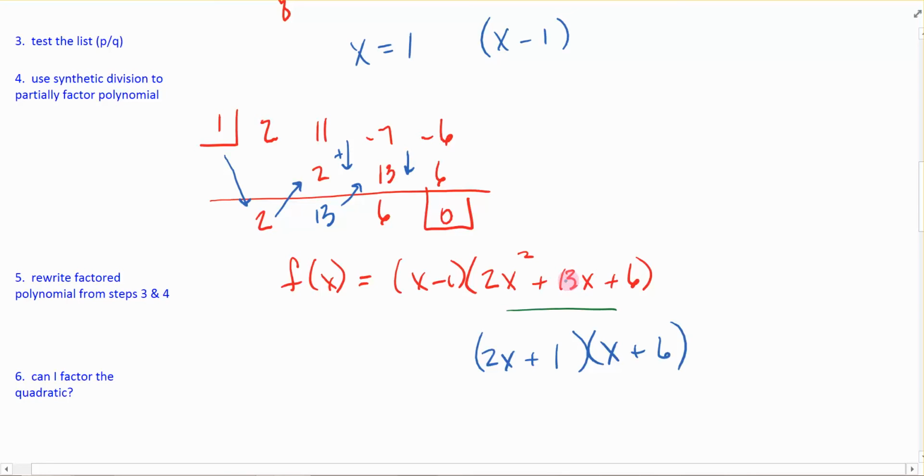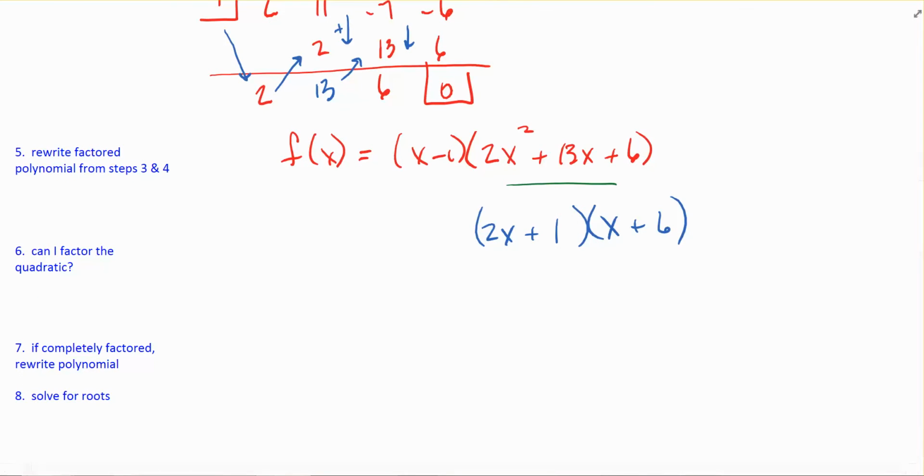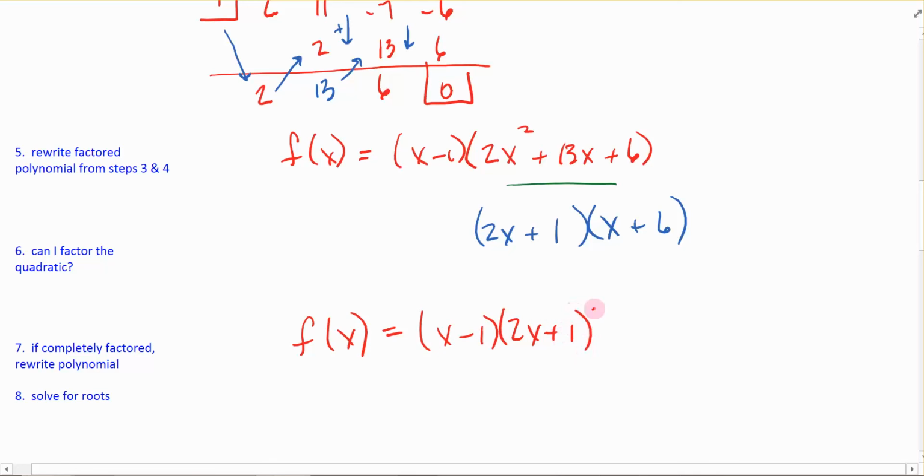So I'm just verifying that I did factor this correctly. And I did. And so we have reduced this down into the smallest factorization that I can. It is completely factored, and it would look like this. f of x is equal to x minus 1, 2x plus 1, and x plus 6.